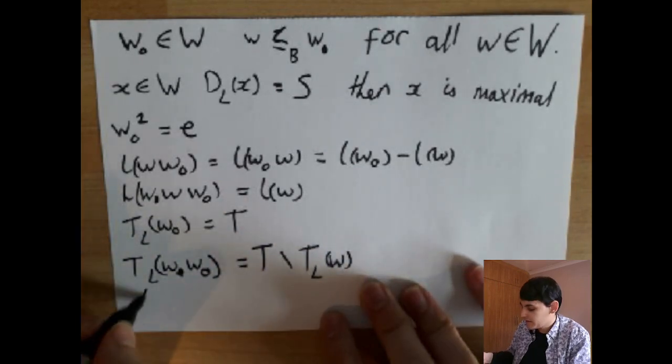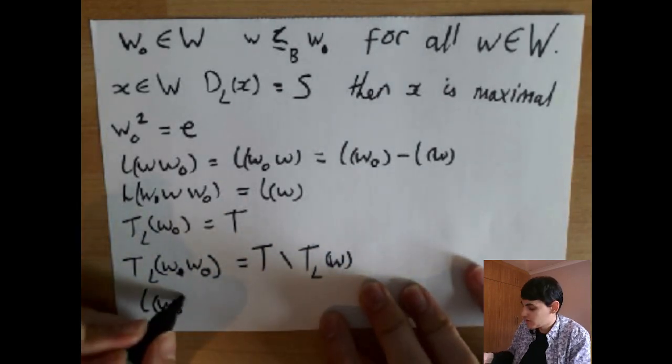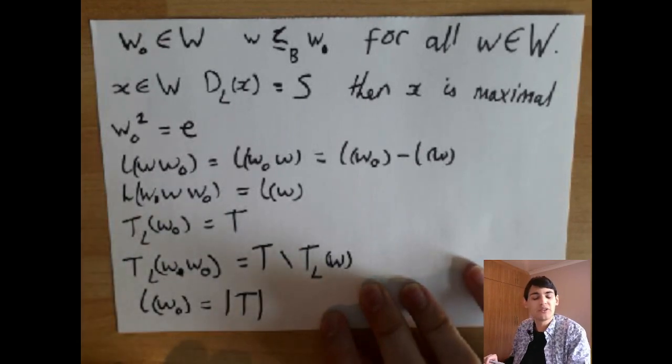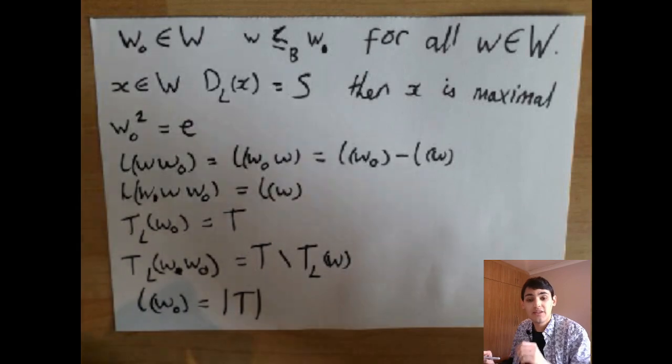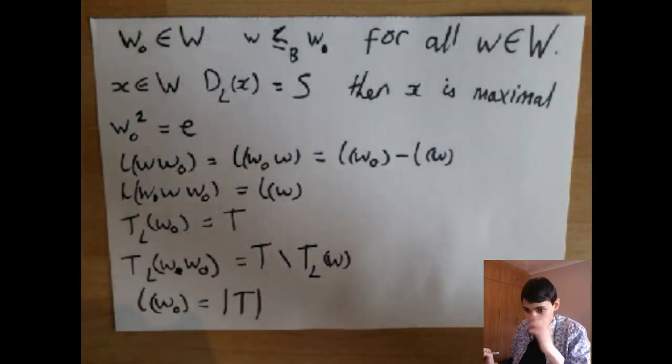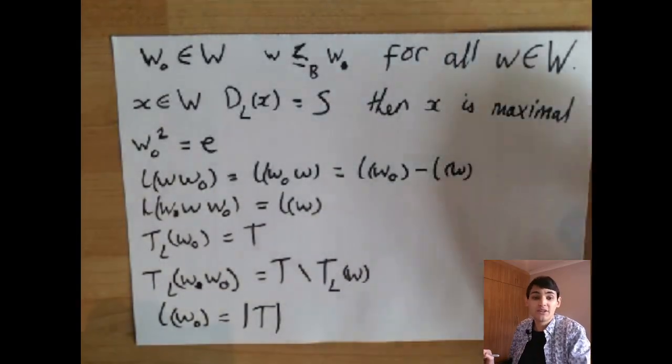And the length of W0 is also the size of the set of reflections. So if you take the number of reflections in your Coxeter group, that is the length of the maximal element. You can prove all of these in your own time, or have a look at the paper that I wrote, link in the description below.